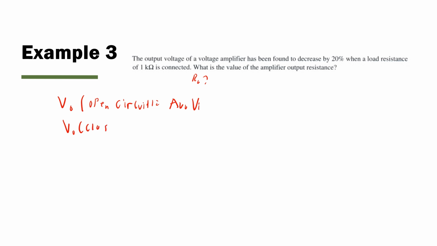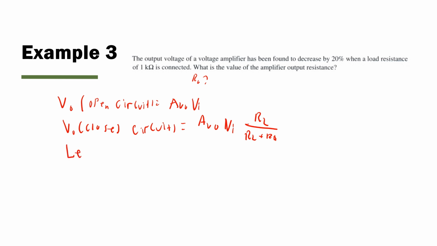Now when you add a load or make it a closed circuit, the output voltage is equal to AVO times VI times RL divided by RL plus RO, essentially adding in that extra load factor.